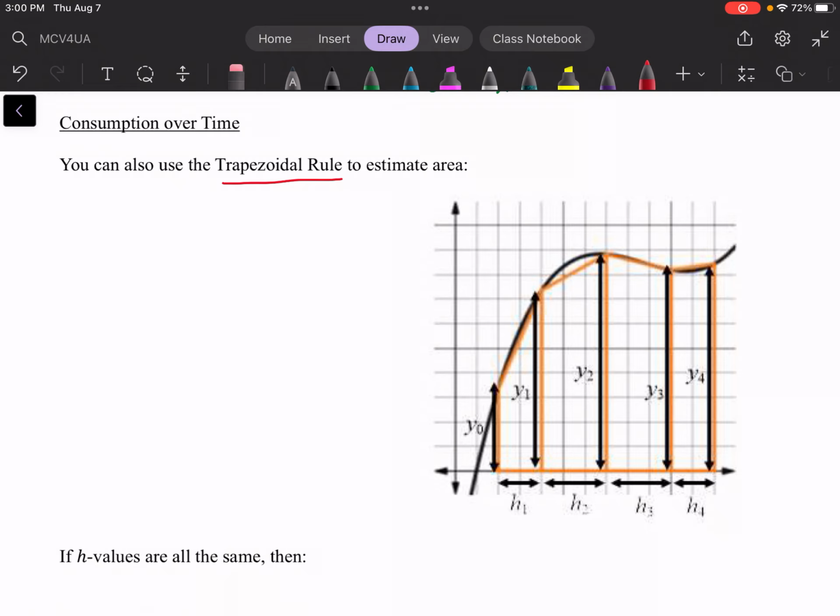So let's say you do have some area underneath the curve up to, let's say, going from y0 to y4 at these values here. Well, what you can do is you can create trapezoids. Well, a trapezoid just calculates the area underneath the curve by adding these lengths right here, multiplying by the distance, multiplying by the distance here, and dividing by 2.